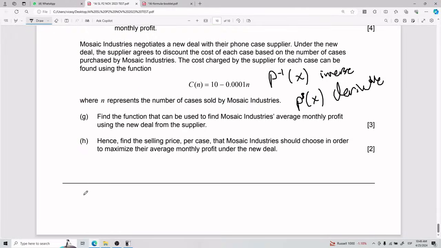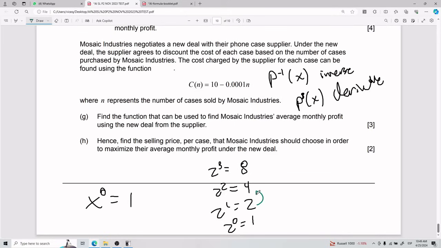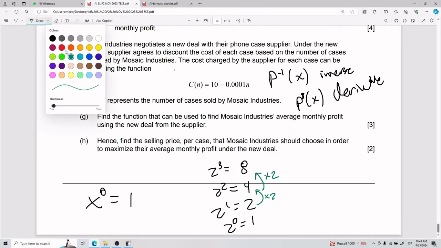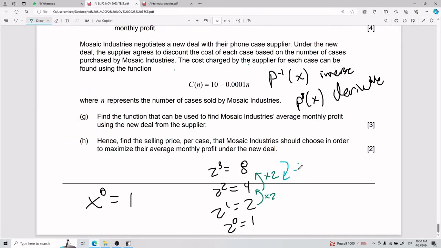So remember, guys, anything to the power of 0 equals 1. This is just a mathematical rule. Very quickly, 2 to the power of 3 is 8, 2 to the power of 2 is 4, 2 to the power of 1 is 2, and 2 to the power of 0 is always going to be 1. If you go in this direction, you're doing times 2, but if you work backwards, you're doing divided by 2.